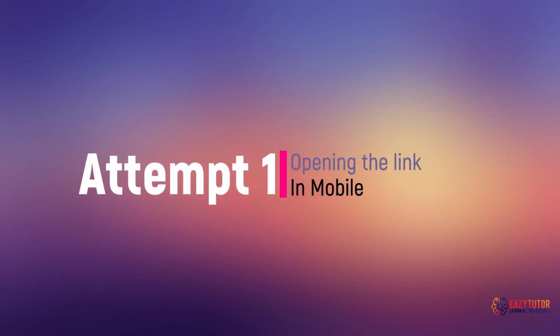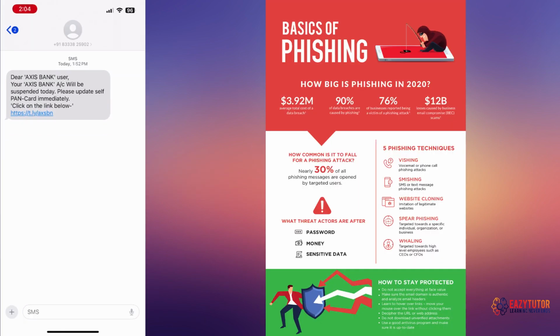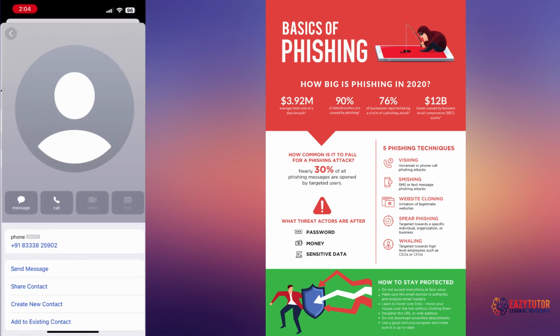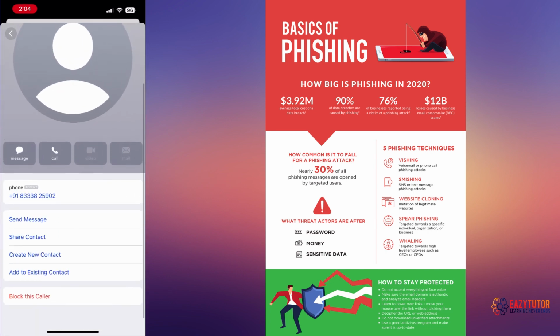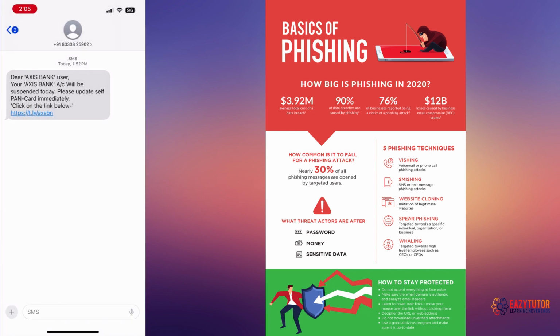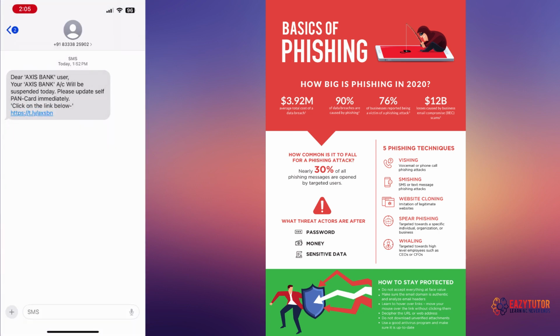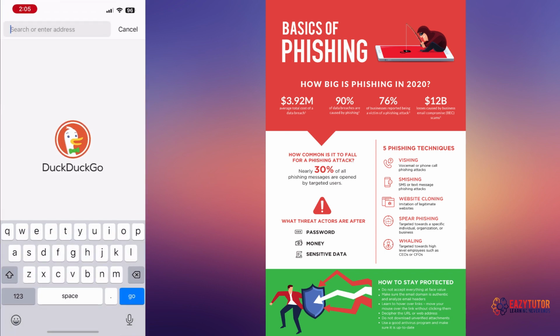Basically, I have received an SMS from the number 8338, and this message claims to be from Axis Bank. They are mentioning that your account will be suspended today and to please act on it and update the PAN card immediately. It also has a shortened URL.